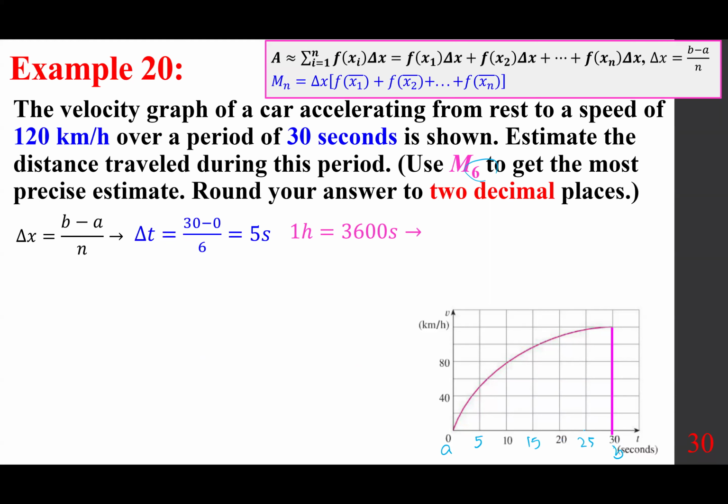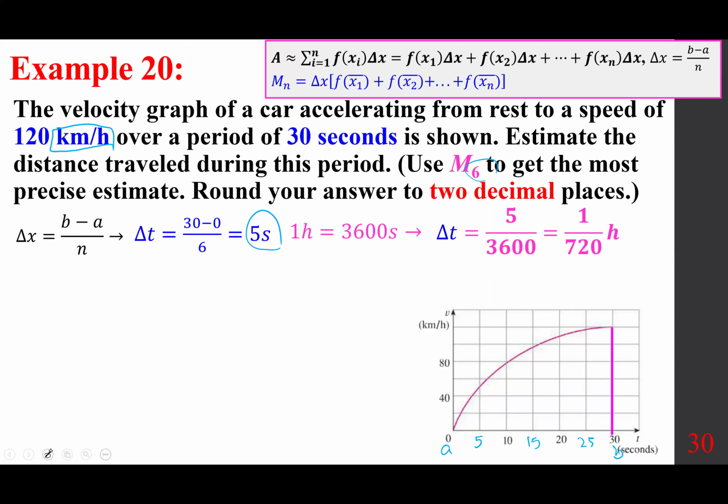And remember, because this is kilometers per hour, we want to recognize 1 hour is 3,600 seconds, 60 times 60, right? 1 hour, 60 minutes, 1 minute, 60 seconds. So delta t is 5 seconds. How many hours is that? Divided by 3,600. So delta t is 1 over 720 hours.